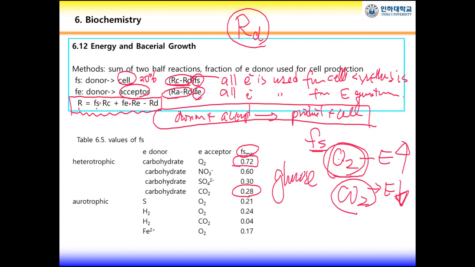On the other hand, if carbon dioxide is used as the electron acceptor, then only 30% of electrons are converted into cells, and the rest, about 70%, is used for energy generation. So as I told you, sulfate is quite close to the CO2 case, and nitrate is more or less close to the oxygen case.